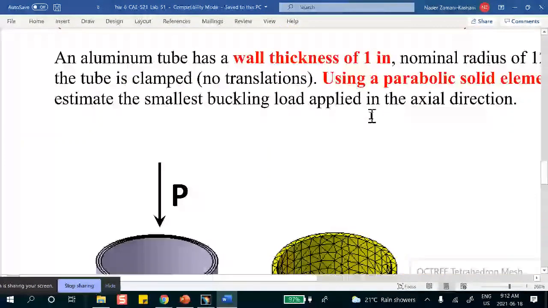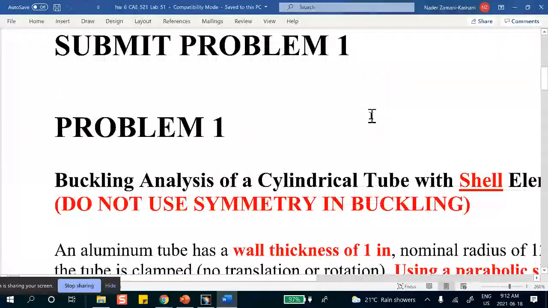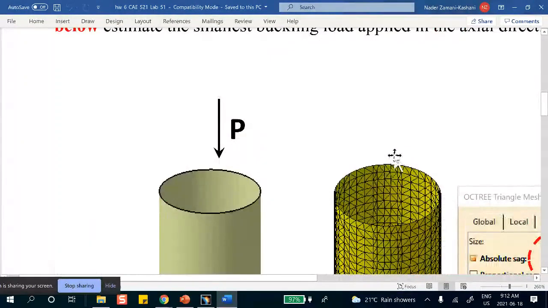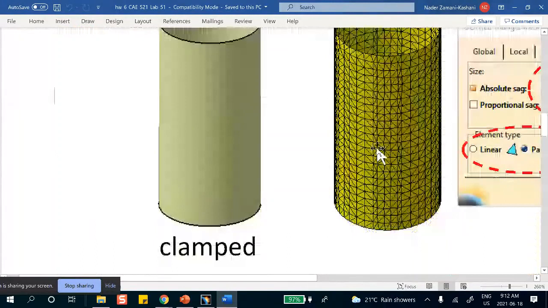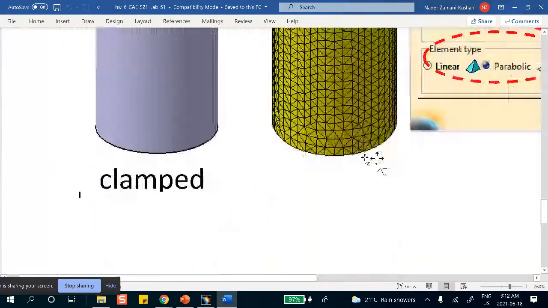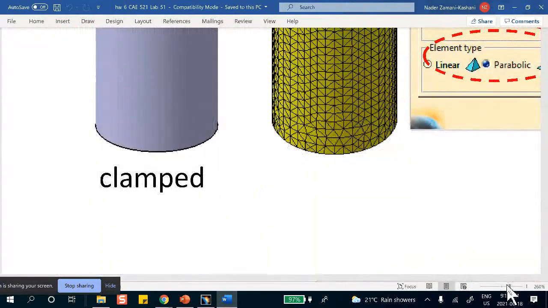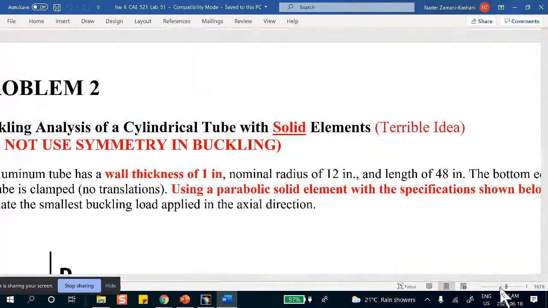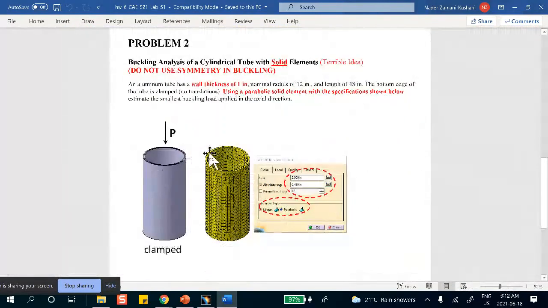There's the depth. In your case, these are shell elements. There is no depth. The shell thickness you specify by 2D property, but here you just model that thing and then thicken it.